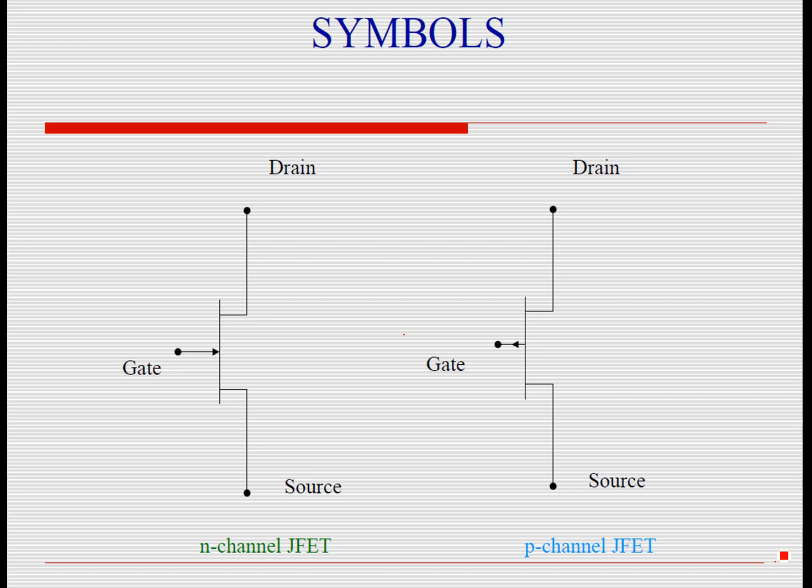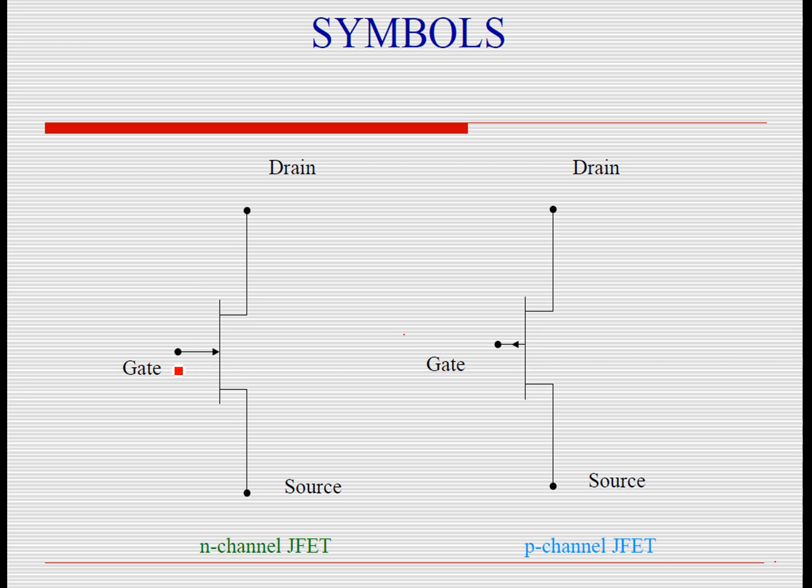These are the symbols of the N channel JFET and the P channel JFET. Here you can see the three different terminals. This is the source, this is the gate terminal and this is the drain terminal.